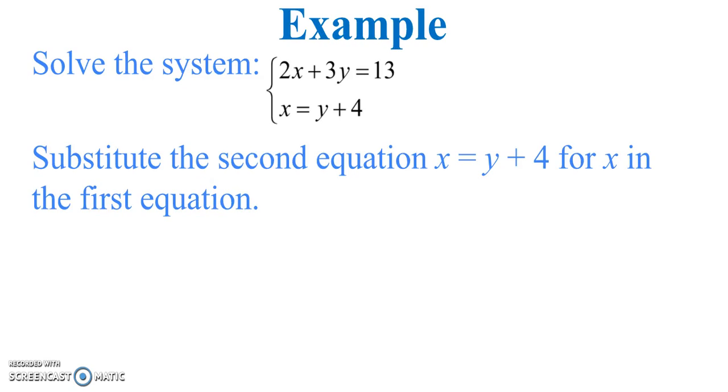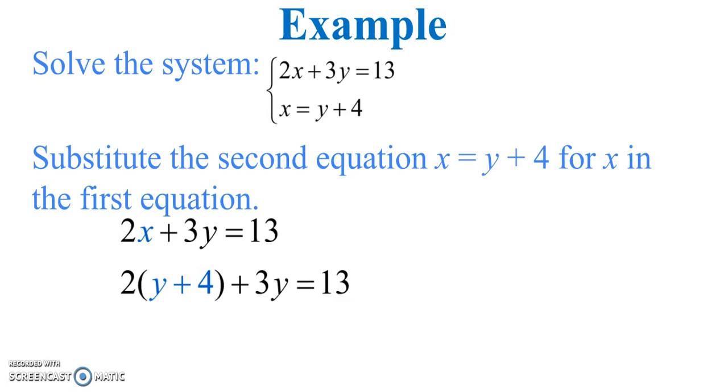When you have two equations, you need to substitute the second equation for the first equation. So the second one already has a variable by itself. It has x by itself. So I'm going to use y + 4, and I'm going to plug it in anywhere I see x in the first equation. So x is right by the 2.